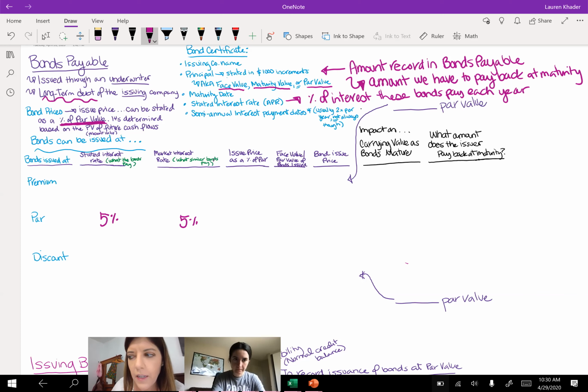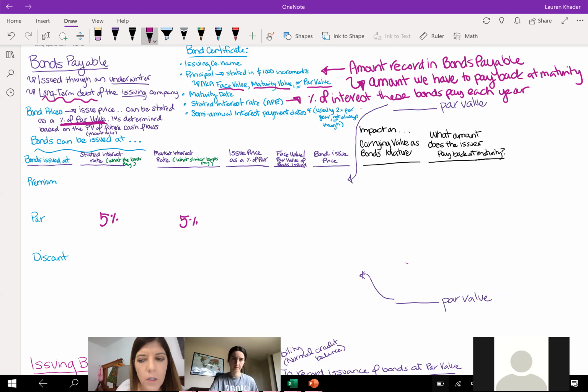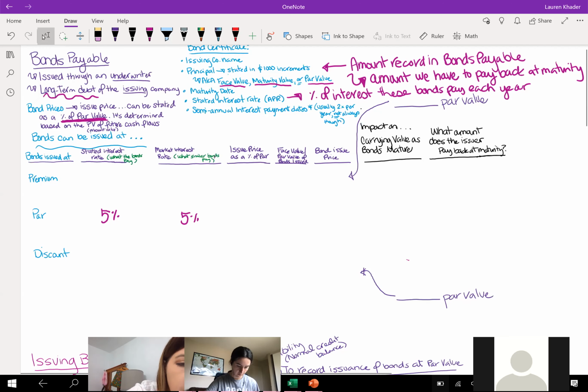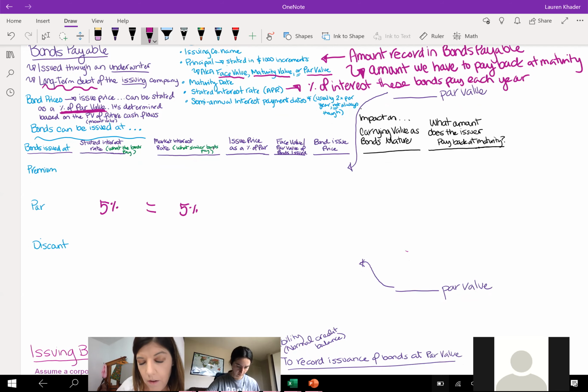Is there any incentive to buy my bonds? No. Are my bonds essentially the same as other bonds? Yeah. In terms of revenue that's coming in for you? Yes. So when the stated interest rate equals the market interest rate, and this is extremely rare because the market interest rate is constantly fluctuating, even a small percentage.